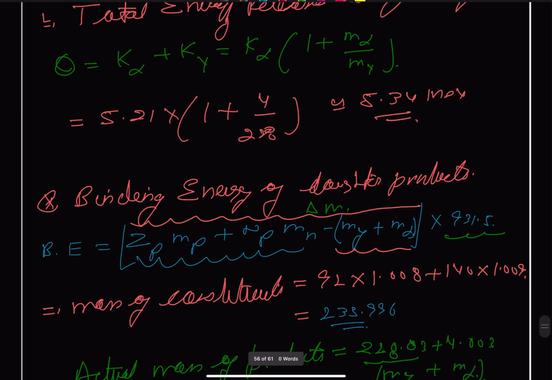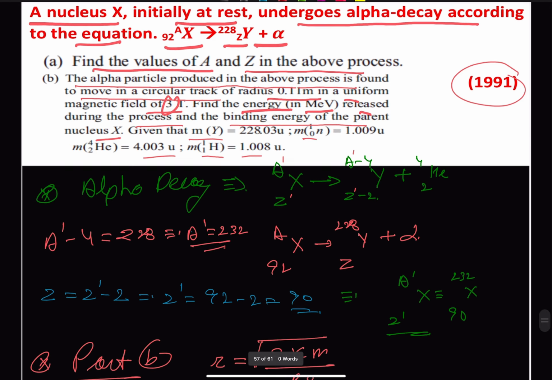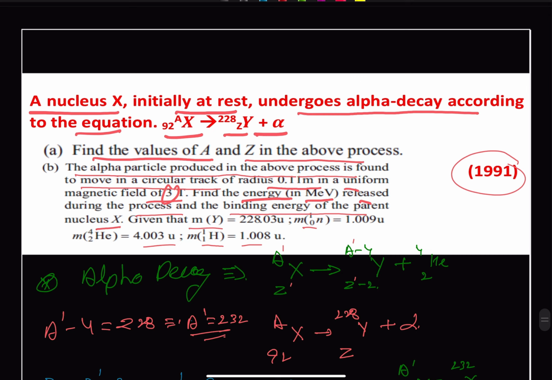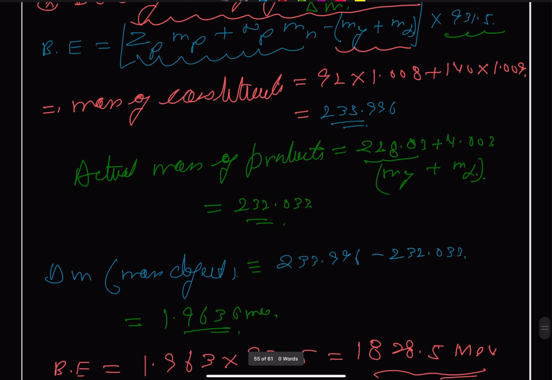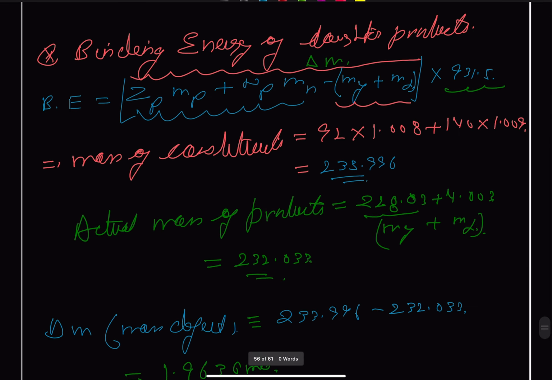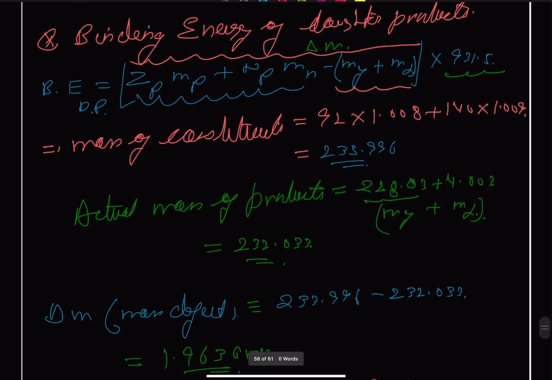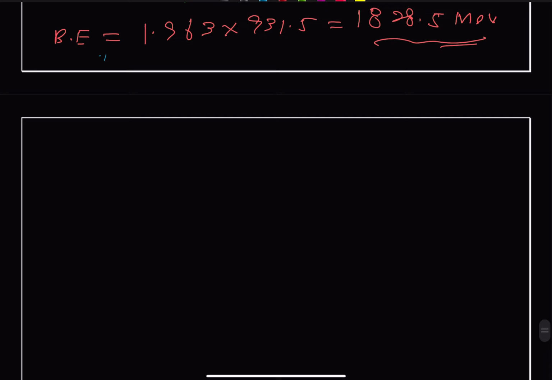Okay. Next question. We have to find it for the parent. Sorry, this was our binding energy for the daughter product, and we are supposed to find out the binding energy for the parent.